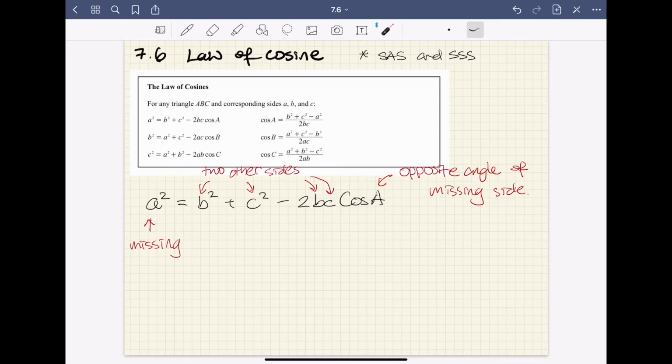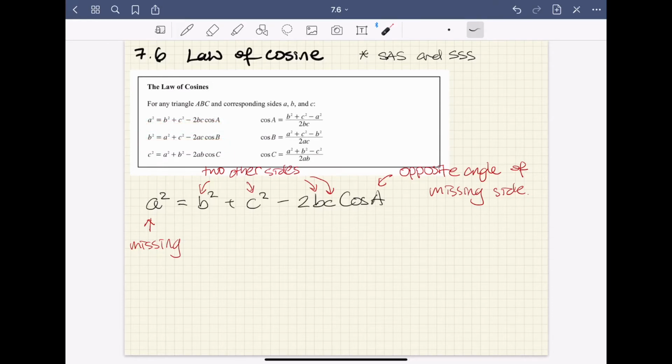So you add them, and then you subtract 2 times the two other sides, and then times cos of the opposite angle of the missing side. So this one is in exactly the same form as this one.